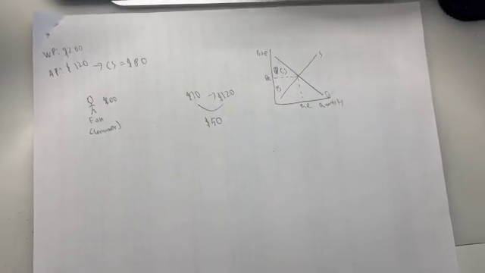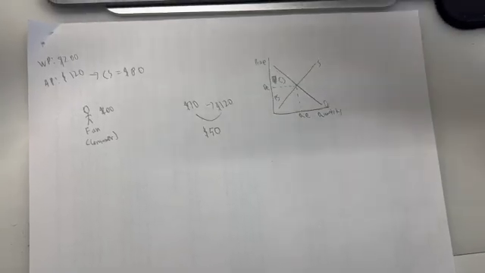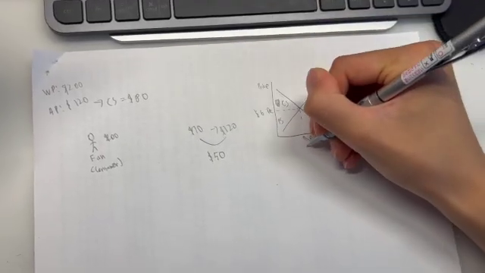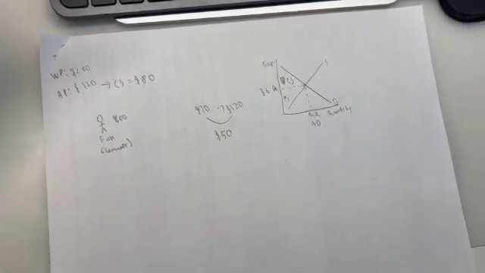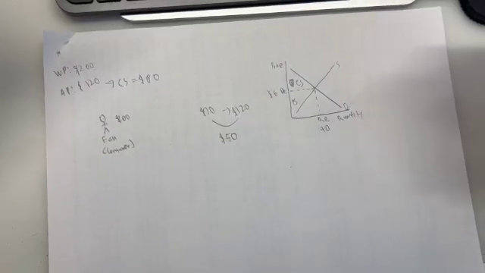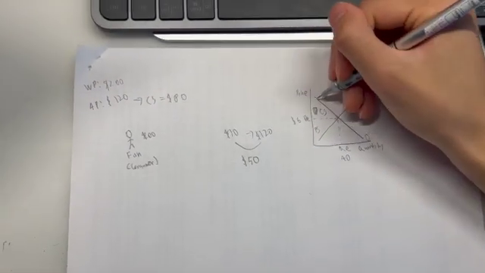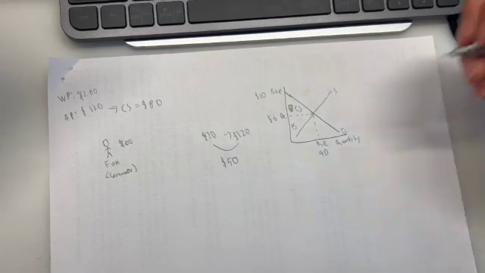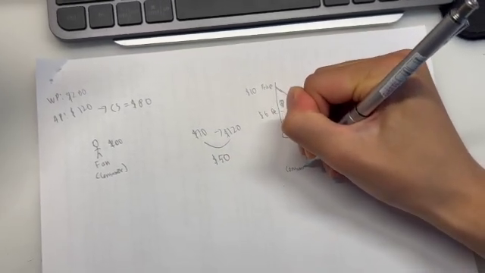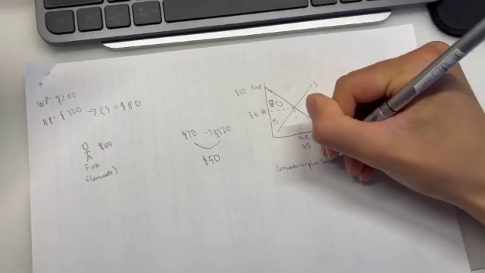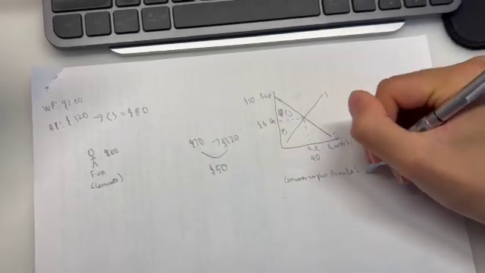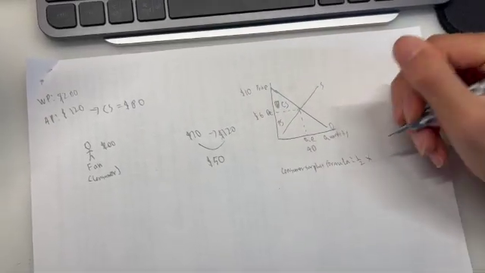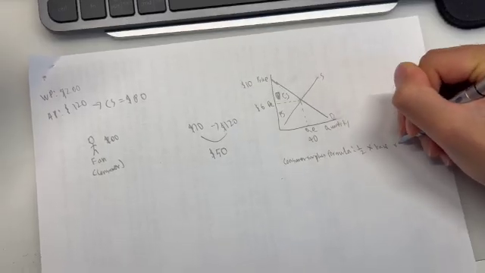And for calculating consumer surplus, suppose the equilibrium price is, let's say, $6, and the quantity is 40. The highest price the consumers are willing to pay is where the demand curve hits the y-axis, which is going to be around here, at $10. So the formula for the consumer surplus is basically getting the area of this triangle, so 1/2 times base times height.